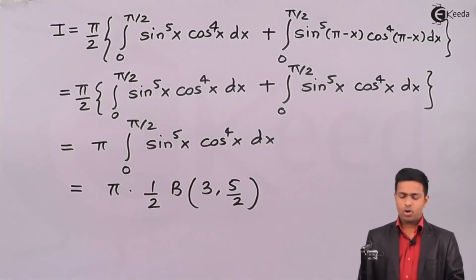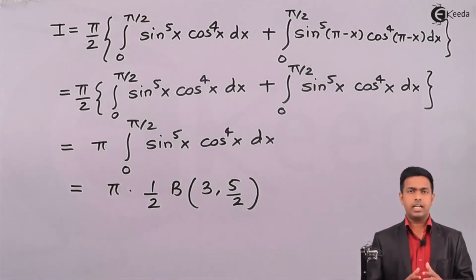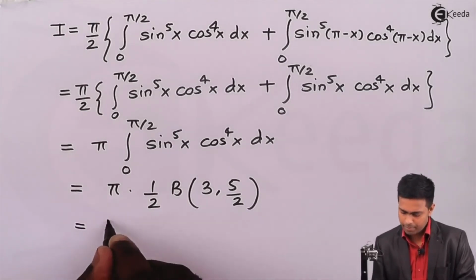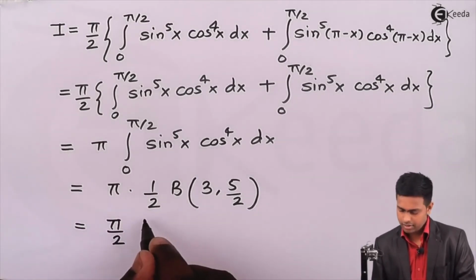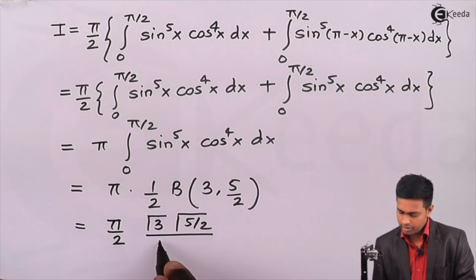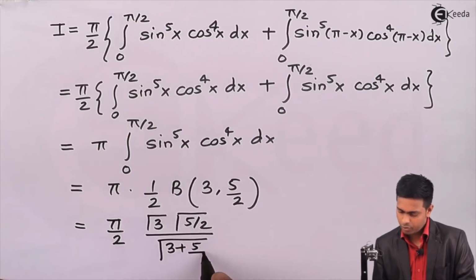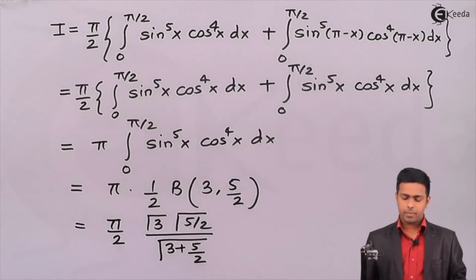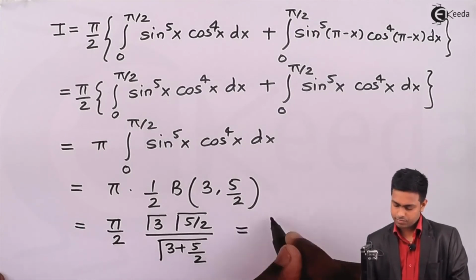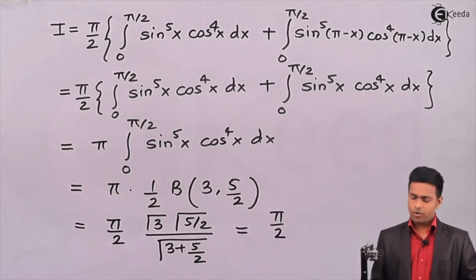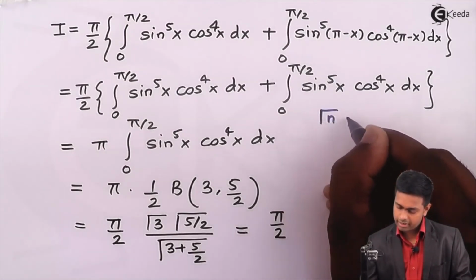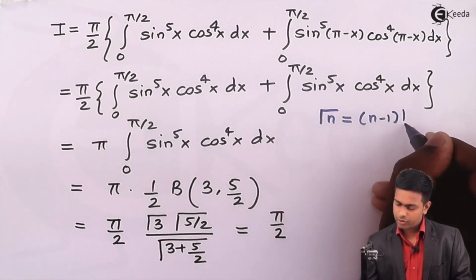And now we'll solve this beta function by using the relationship between beta and gamma to get the answer. So this is pi by 2 as it is, and here gamma 3 gamma 5 upon 2 whole upon gamma 3 plus 5 upon 2. So this is the relationship between beta and gamma. Now let's solve this. So here pi upon 2 as it is, the value of gamma 3, for that we'll use the property of gamma n, which is n minus 1 factorial.